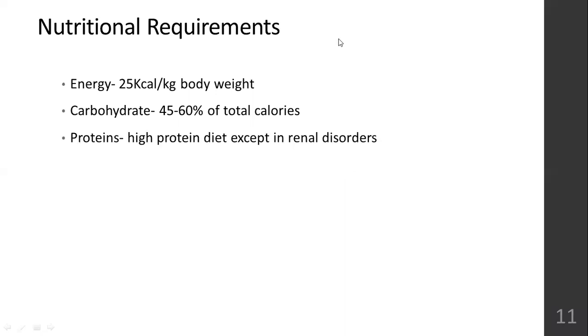High protein diet except in renal disorders. Even if the person is underweight, you can have more complex carbohydrate. You can have at least 60% complex carbohydrate, but focus more on protein and fat intake if you're underweight.